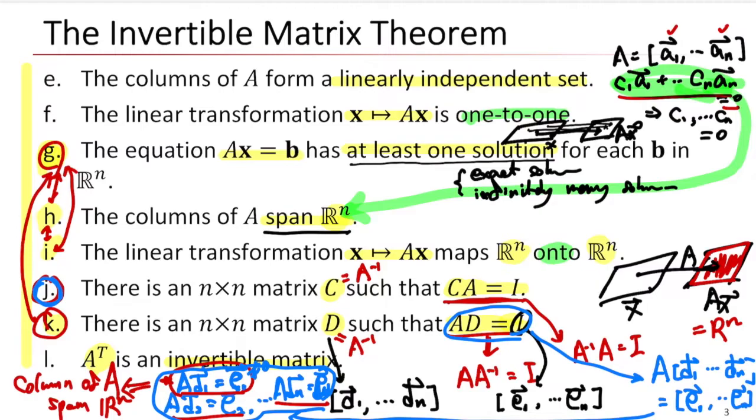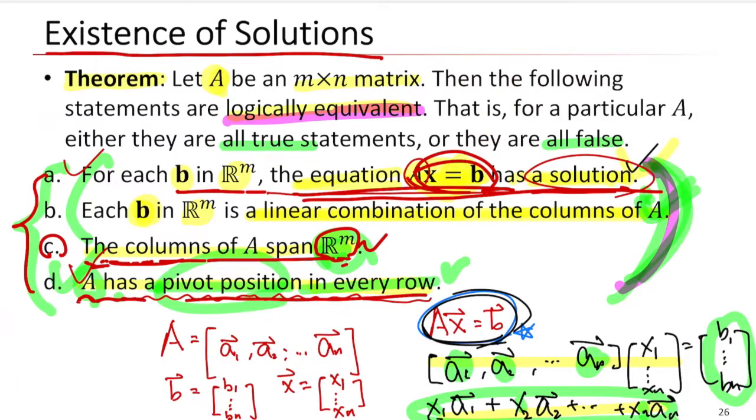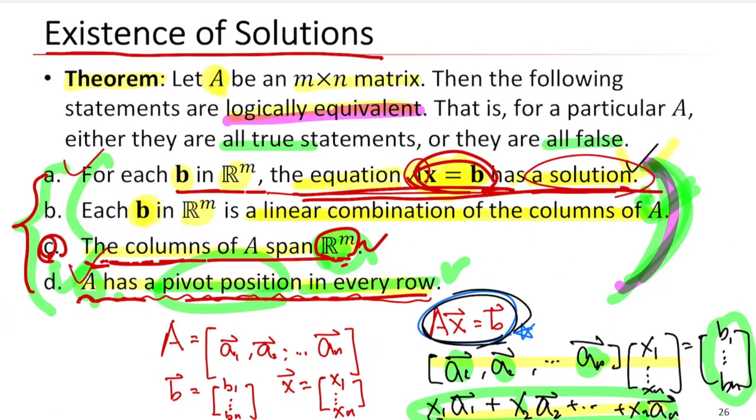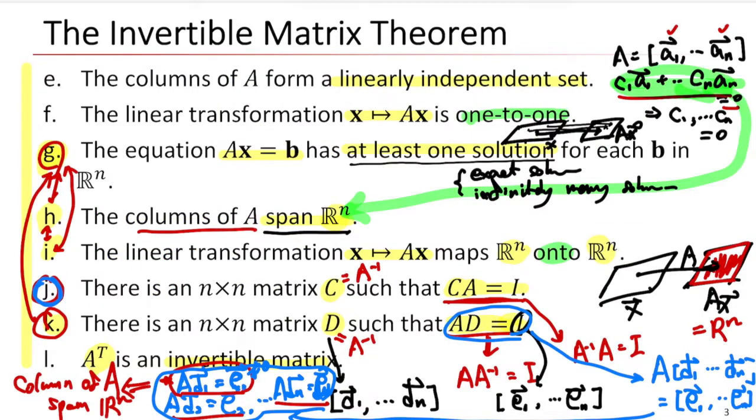Why? Why are G, H, I all equivalent? To understand this, we need to go back to the previous lecture, 3.1. In 3.1, if the equation has at least one solution, then the columns of A span the Rn space. So this is true, and the linear transformation x to Ax maps onto. So what is the concept of onto?